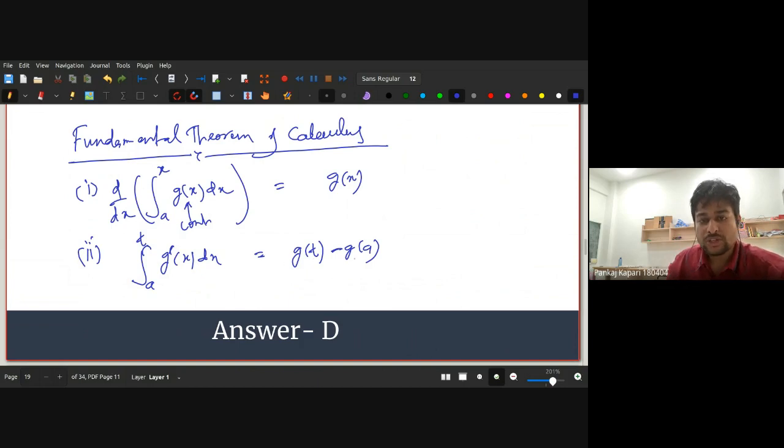So up to a constant, you get back your original function, right? The second result we have already used when evaluating integrals or limits, and this first part we will use now. These are the fundamental theorem of integral calculus.